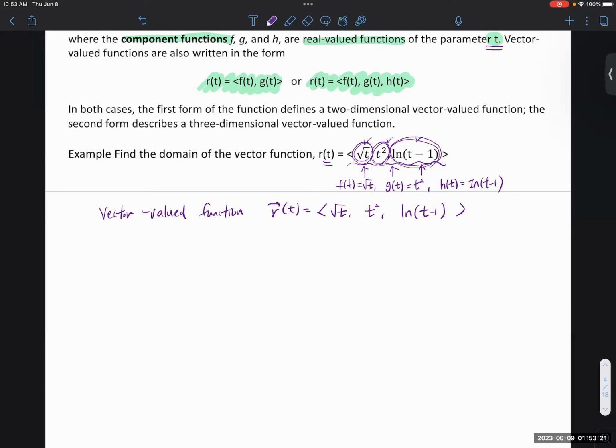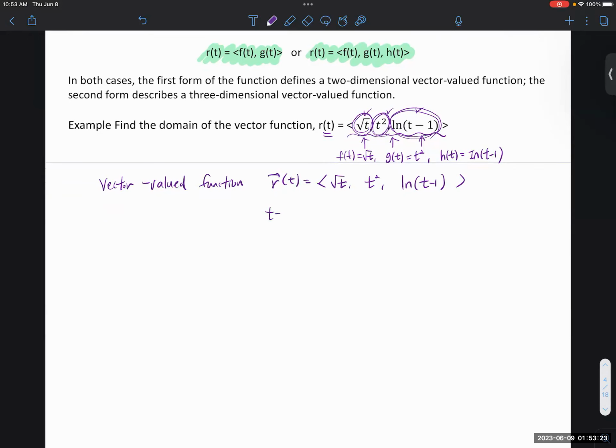So this is a vector valued function. If t is 1, the vector is going to be 1, 1, and ln 0... and if your t is 2, your vector is going to be changing. So this is a vector valued function because each component has a function.